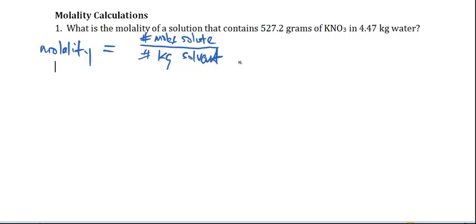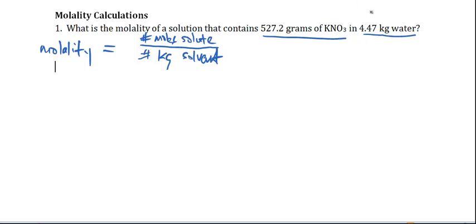All right. So with that definition in front of us, when we read the problem, it says there's a solution that contains 527.2 grams of potassium nitrate, dissolved in 4.47 kilograms of water.